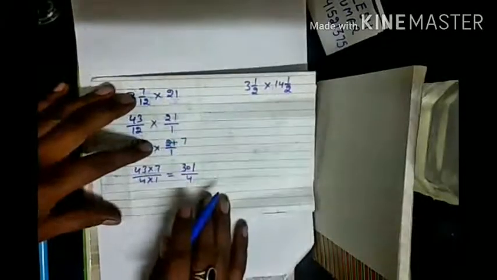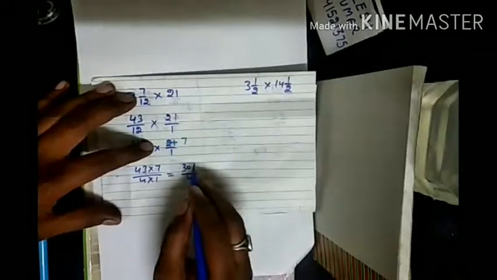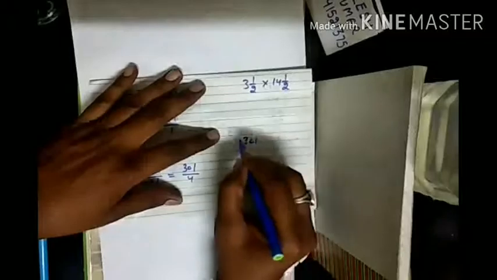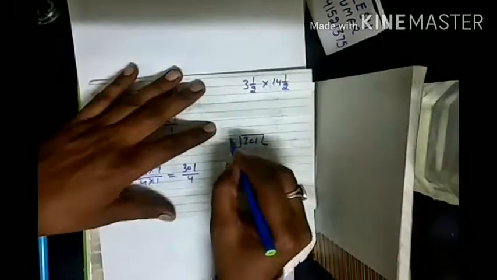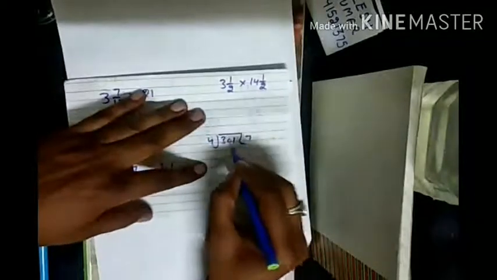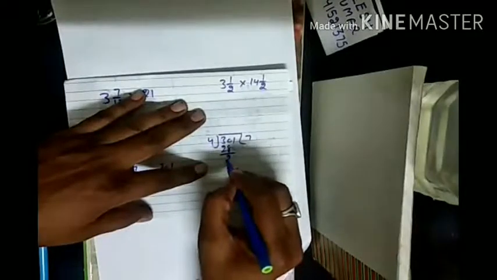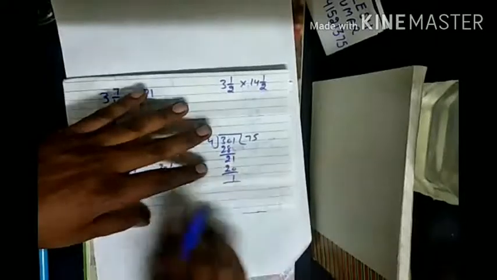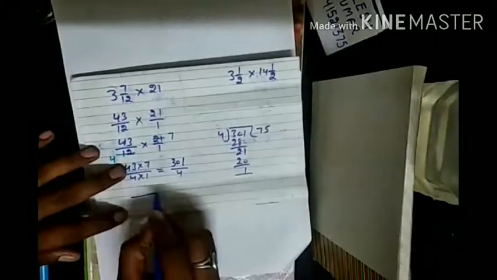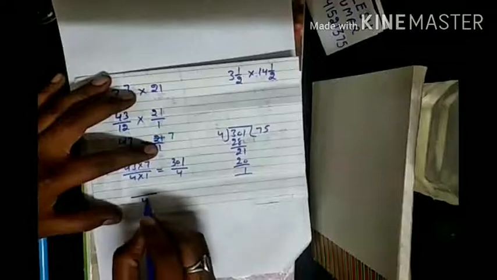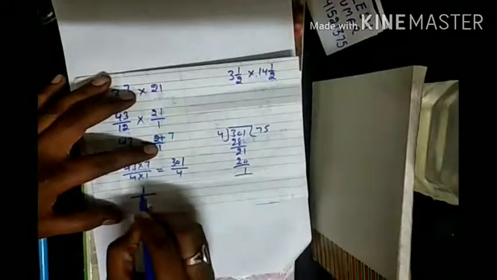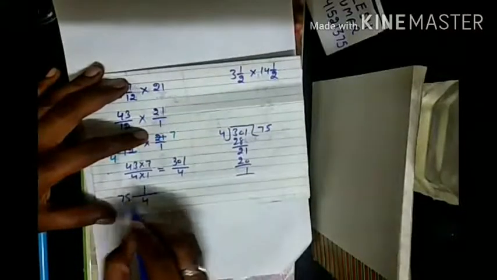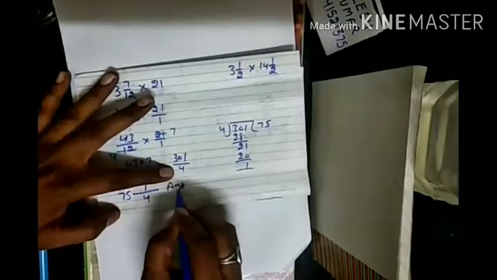Now we shall divide 301 by 4. 301 divided by 4. 7 4s are 28, remainder 1. 4 in the denominator, remainder on the top and the quotient on the side. This is the answer.